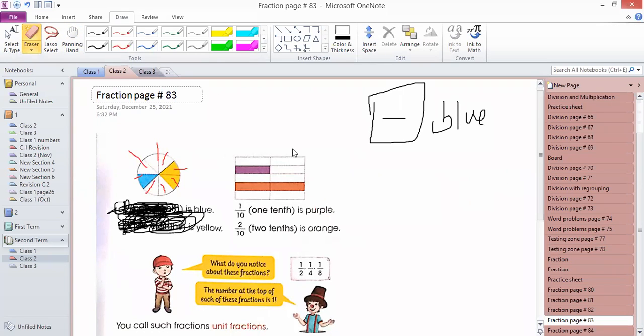All right, boys. Now you have to tell me the fraction for the yellow portion. What will be the fraction for the yellow portion, guys? Omar Amin, very good. Muhammad Al-Raini, very good. Taimullah, very good.